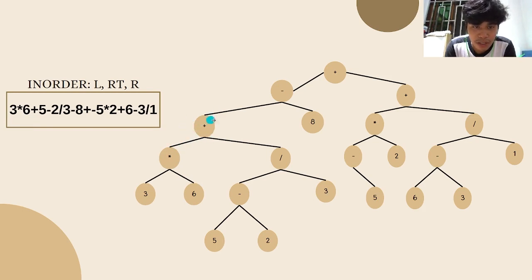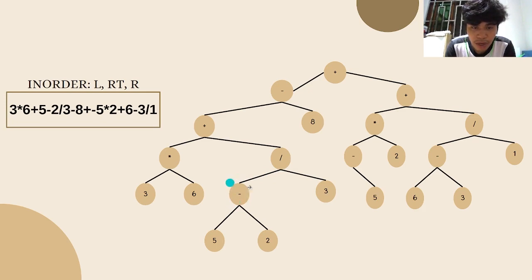And then we traverse back to the parent node of the multiplication, which is the positive, or the plus operand, here. We apply the same scenario here: it already traversed towards the left, so now it can be printed out. And then we traverse into the right, and here we see that the divisor can still travel towards the left.